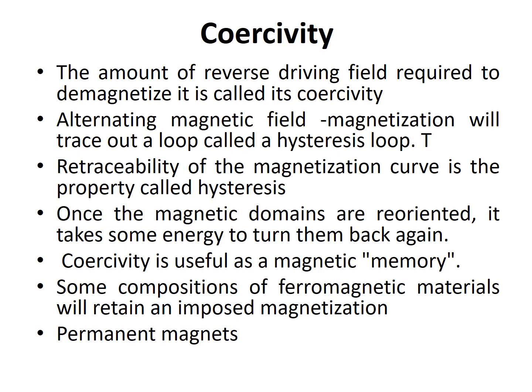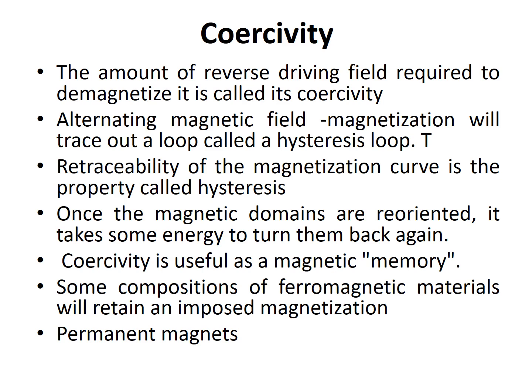The lack of retraceability of the magnetization curve is the property called hysteresis, and it is related to the existence of magnetic domains in the material. Once the magnetic domains are reoriented, it takes some energy to turn them back again. This property of ferromagnetic material is useful as magnetic memory.